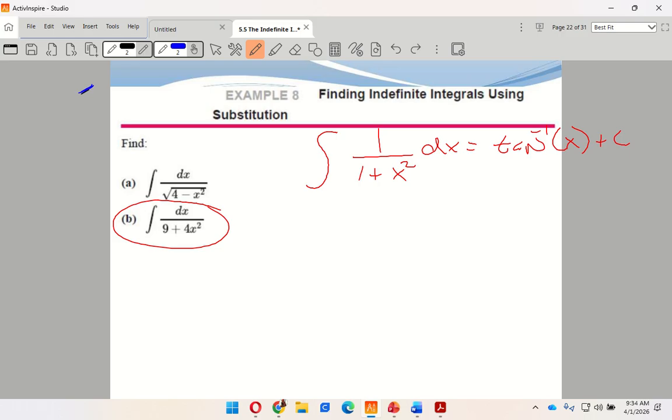Getting rid of the 9. Okay, so let's get rid of the 9. So if I get rid of the 9, times quantity of 1 plus 4x squared over 9, right?